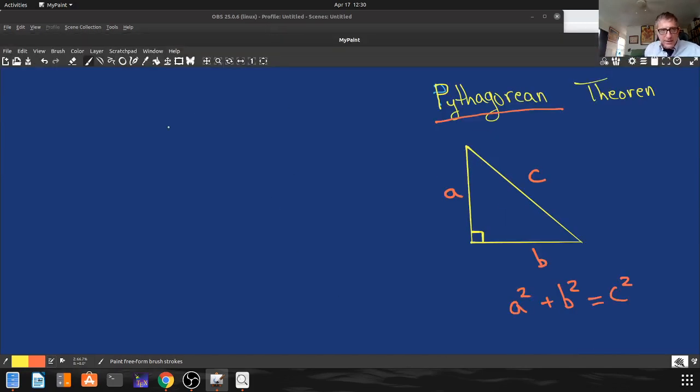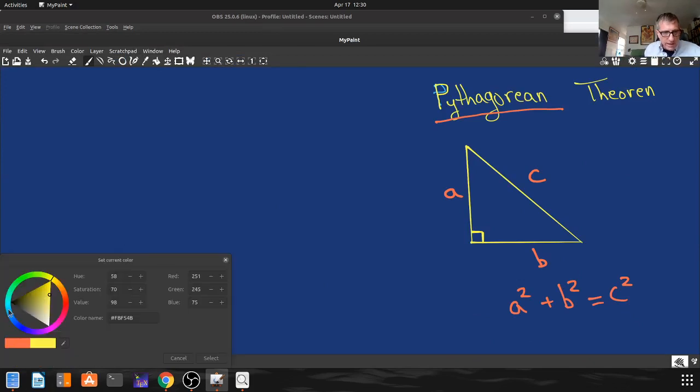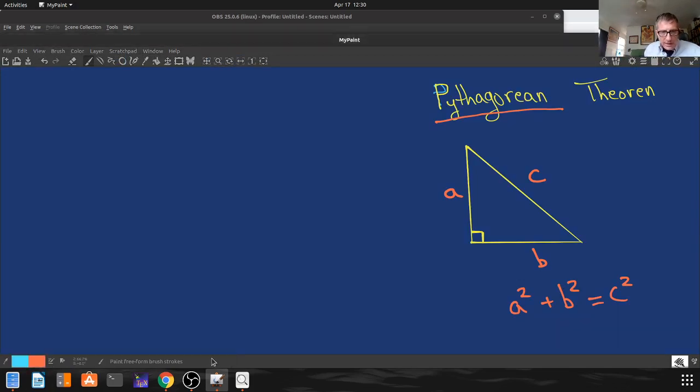So back here, I've got a right triangle. Suppose I'm given this point here, and it has coordinate x2, y2. And this point down here has coordinate x1, y1.